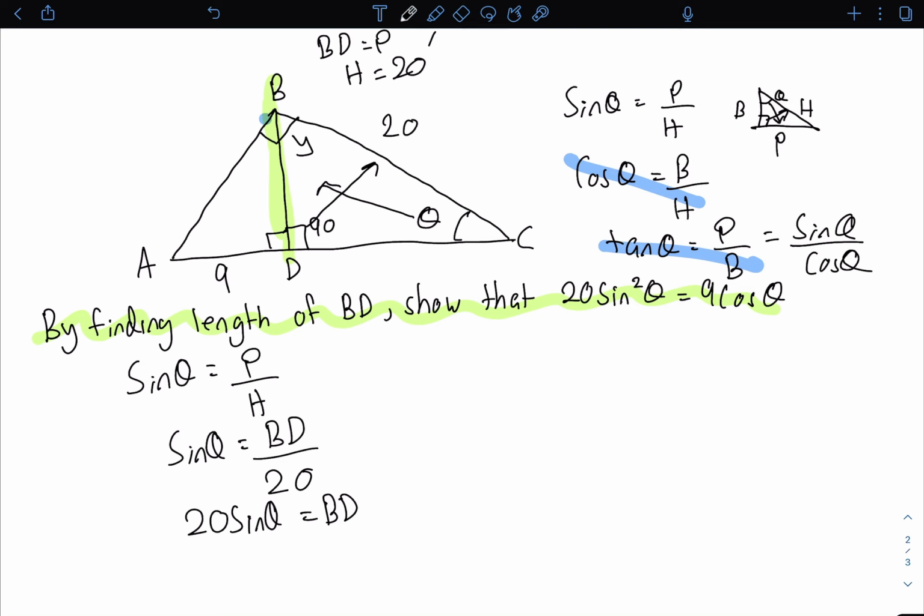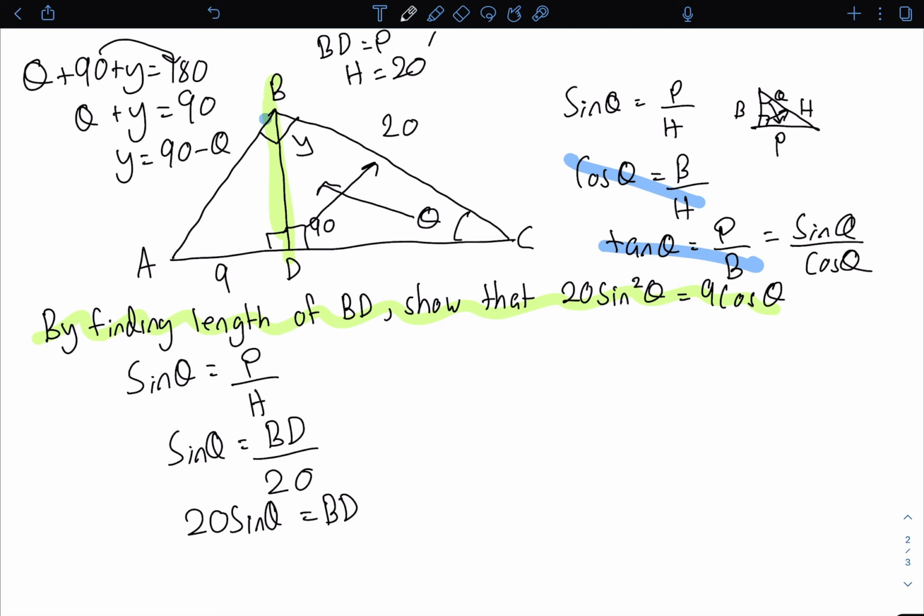Theta plus 90 plus y is equal to 180, because the sum of angles in a triangle is 180 degrees. Let's subtract 90 from 180. So theta plus y is equal to 90, which means y is equal to 90 minus theta.